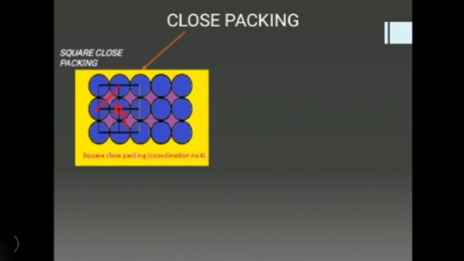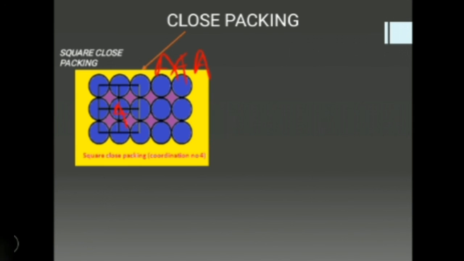And you can see these pink portions in between, right? Those are called voids. These are also called AAA packing. Why is it called AAA packing? Because all are similar to one another.